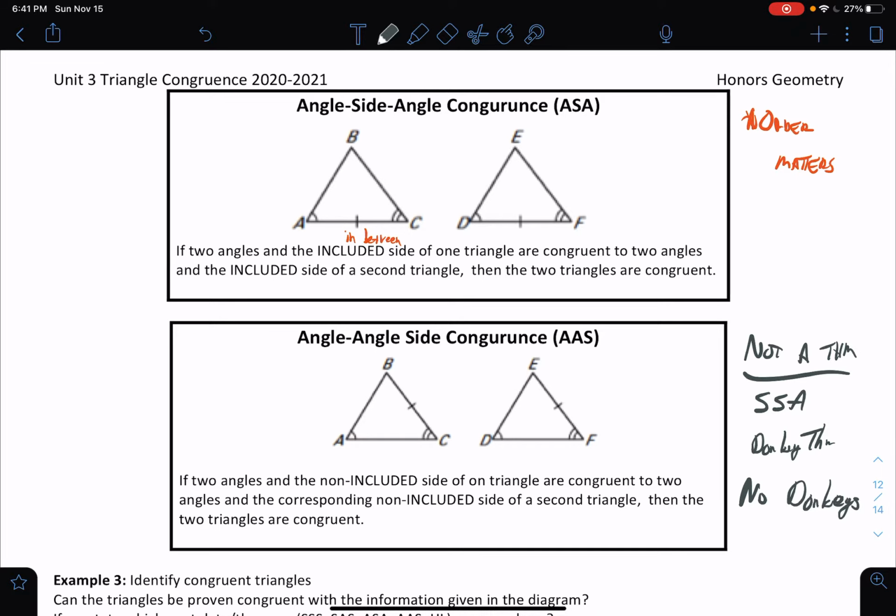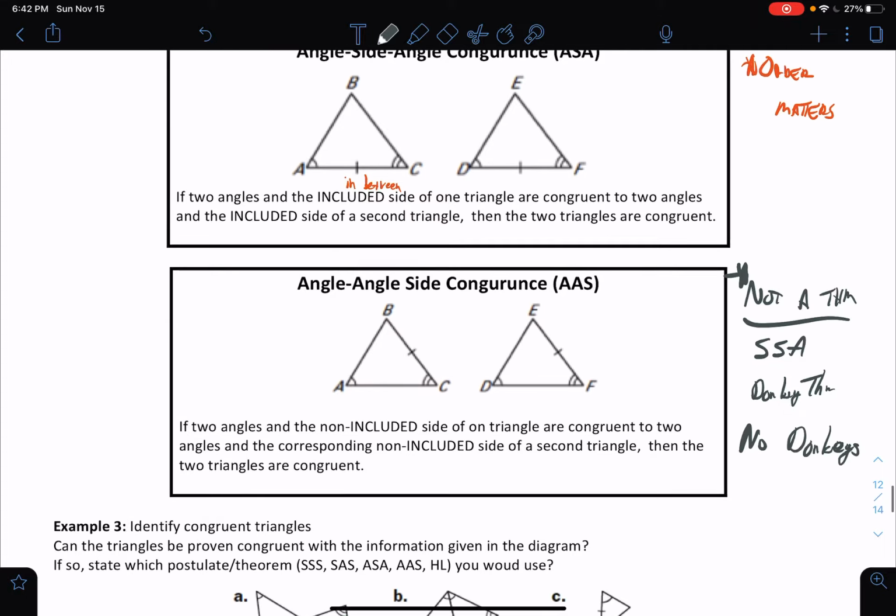If your order goes side angle or angle side, that is not enough to prove that the two triangles are congruent. That's going to involve stuff that you'll talk about in future math classes. But the donkey theorem does not work. That's not enough proof to show that two triangles are congruent. So make sure that if you've got a donkey, that's not enough to show congruency.